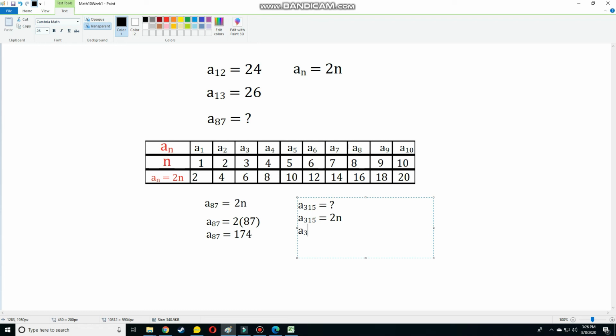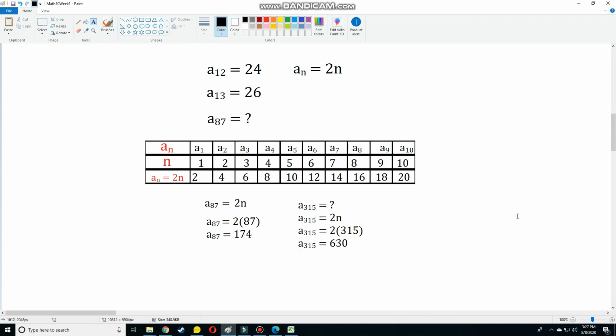So that would be 2 times 315, right? And then the 315th term would be 2 times 315, that would be 600. 15 times 2, that would be 30, so 630. As easy as that.